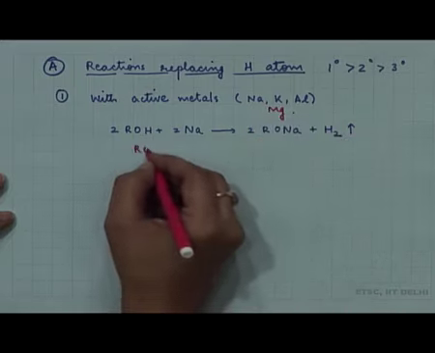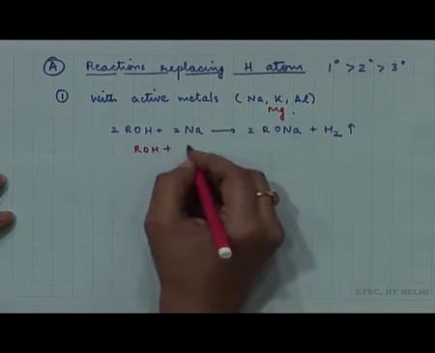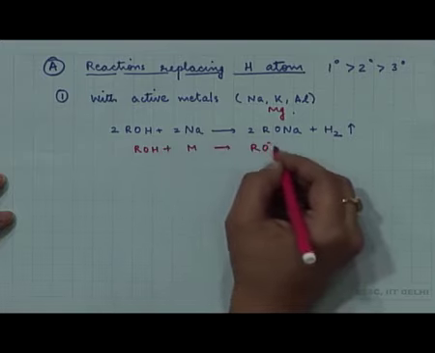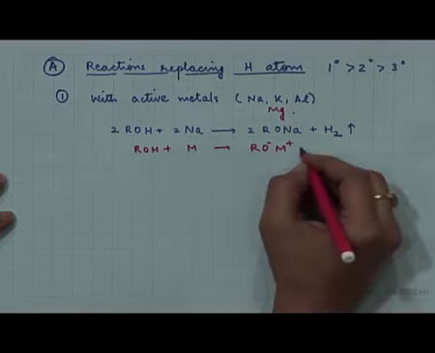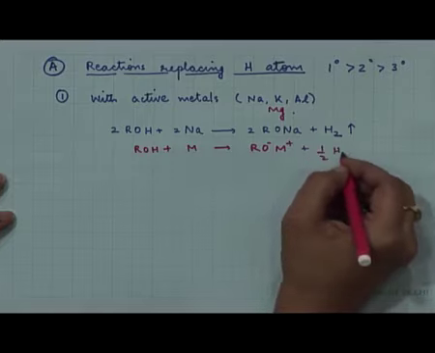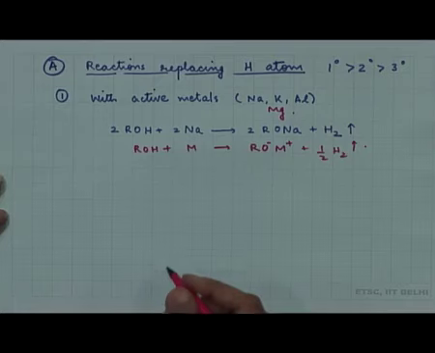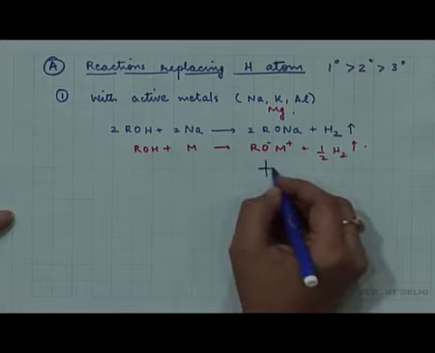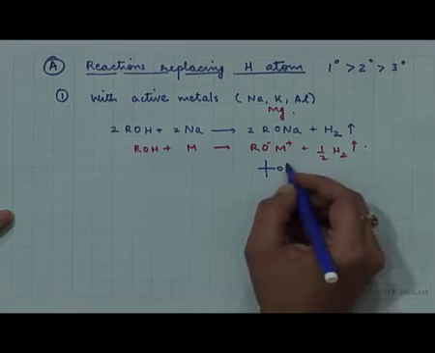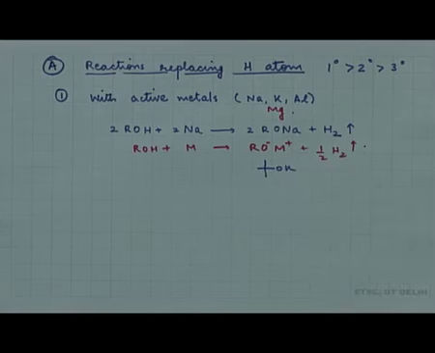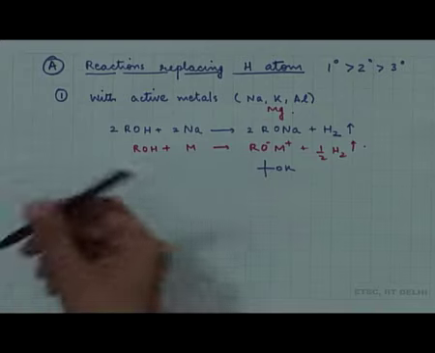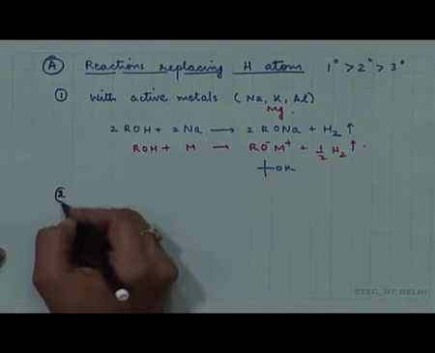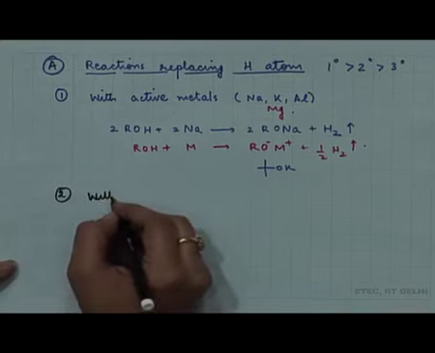So, in general, this reacts with the metal and gives you the corresponding alkoxide and this gas. This is the basis on which we previously discussed the formation of potassium tertiary butoxide and aluminium tertiary butoxide, which are used as bases in organic synthesis. The next reaction which talks about the acidity of these alcohols is the reaction with Grignard's reagent.